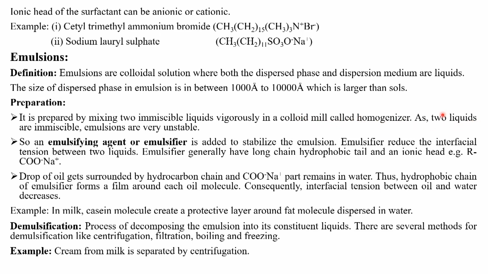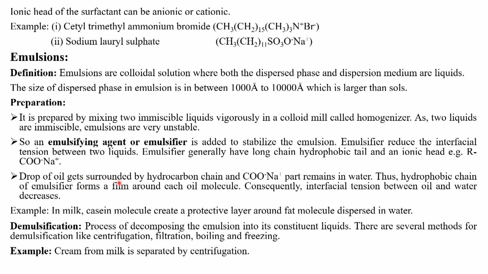As the two liquids are immiscible, emulsions are very unstable. So an emulsifying agent or emulsifier is added to stabilize the emulsion. The emulsifier reduces the interfacial tension between the two liquids, and generally has a long chain hydrophobic tail and an ionic head, for example RCOO minus Na plus.